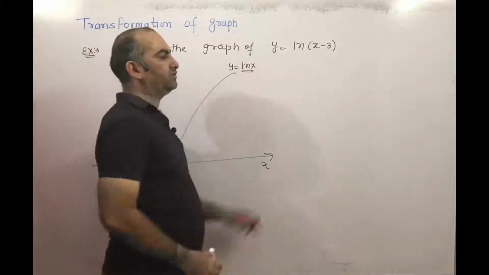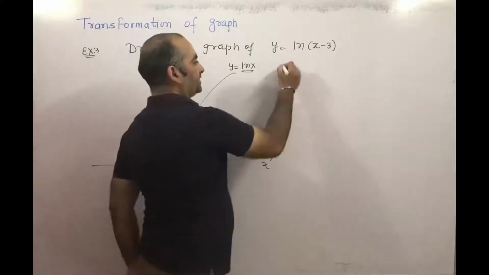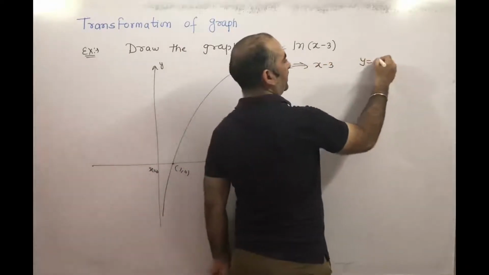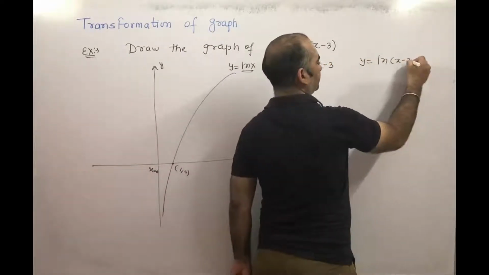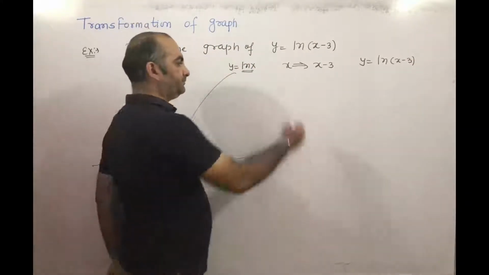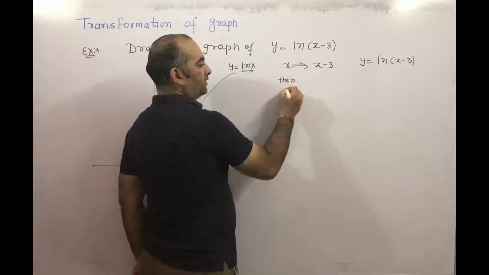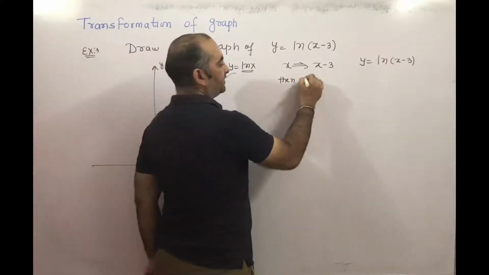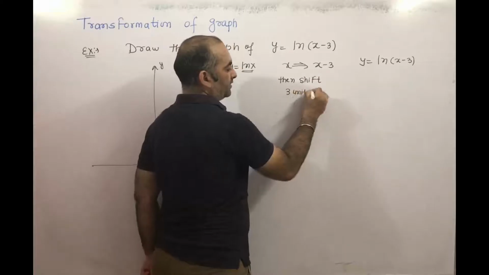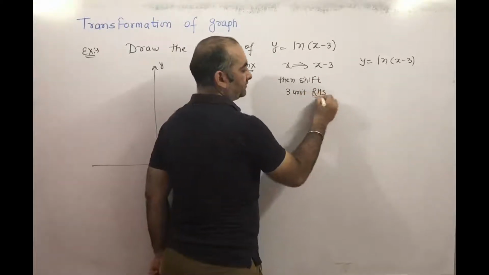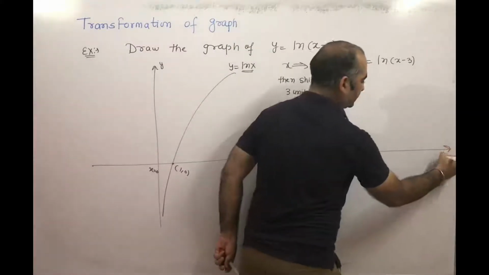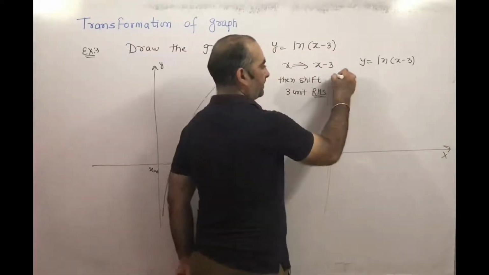So from this function to this function, how do we get it? Instead of x, we have to replace with x minus 3, then we'll get y equal to ln of x minus 3. If I replace x with x minus 3, then this graph we have to shift 3 units right hand side. This is the x axis, this is the y axis.